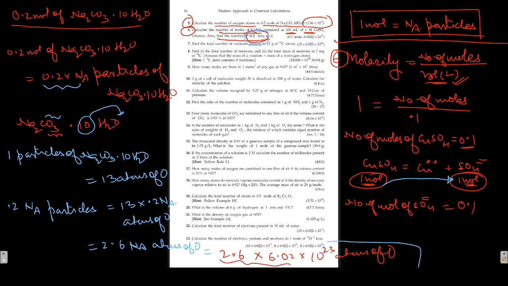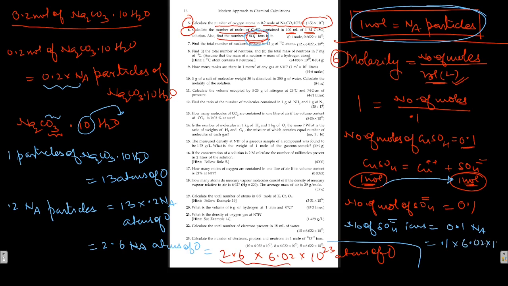How many ions are there? We can say 1 mole is equal to Na particles. So the number of sulfate ions is equal to 0.1 into Na, and 0.1 Na value is 6.02 into 10 to the power 23. So this is the right answer.